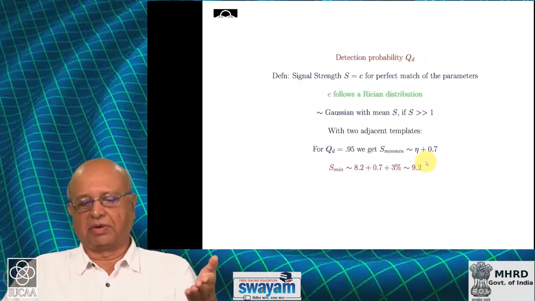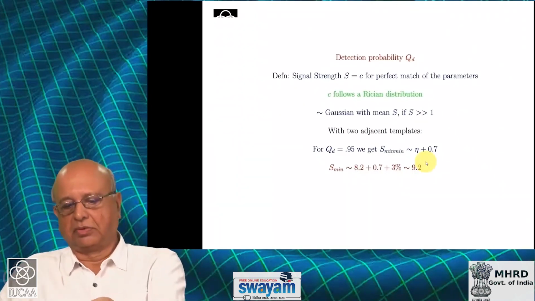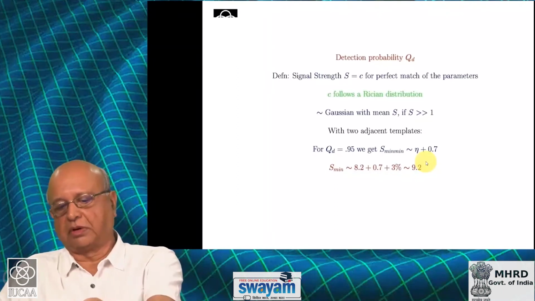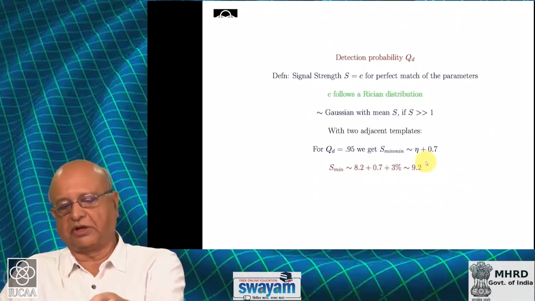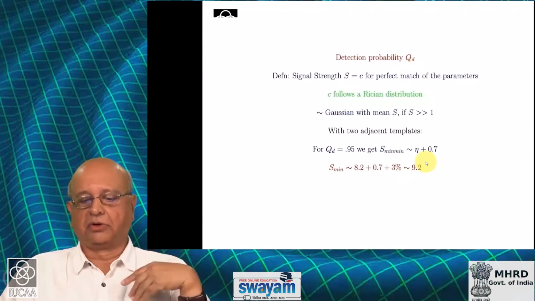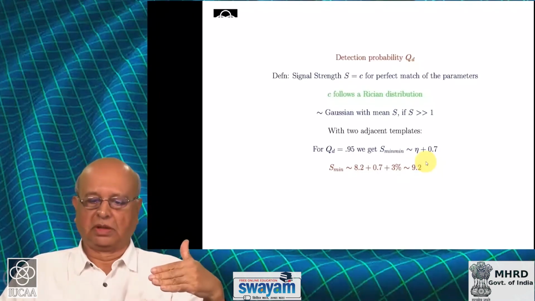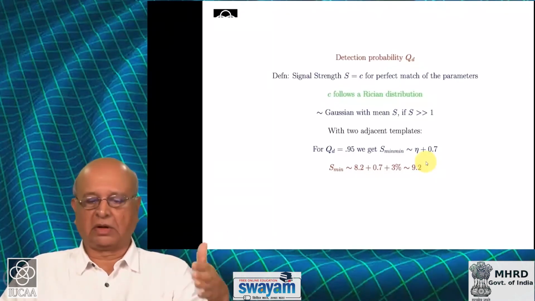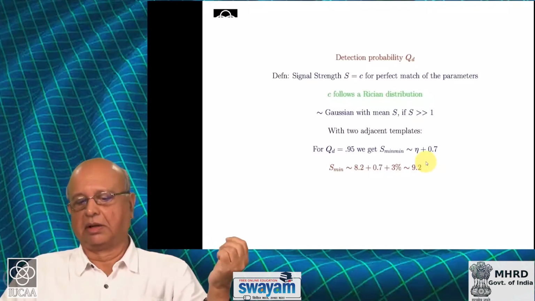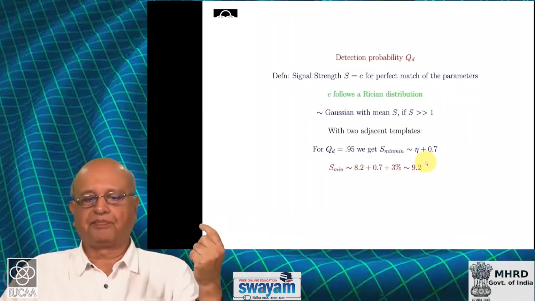With 2 adjacent templates and 95% detection probability, you must put your threshold at eta plus 0.7 sigma. So S min is 8.2 plus 0.7 plus 3%, which gives you 9.2. If you put a threshold of 9.2, you detect a signal with 95% detection probability, with the mismatch and so on.